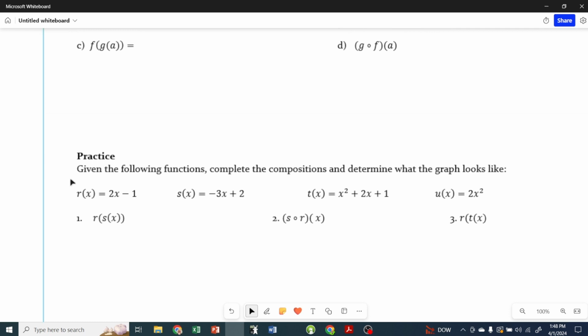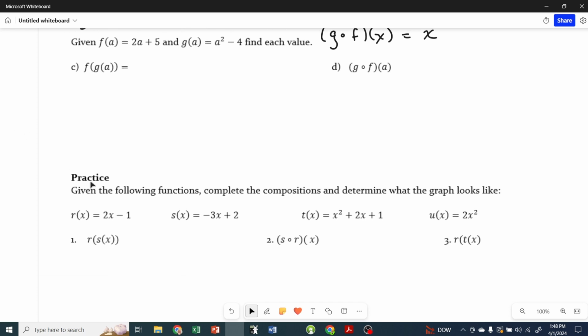We'll do this one here. Given f of a is equal to 2a plus 5 and g of a equals a squared minus 4, find each value. We go through the same process here. We're going to plug in g of a into f of a. So that would be equal to 2 times a squared minus 4, plus 5.